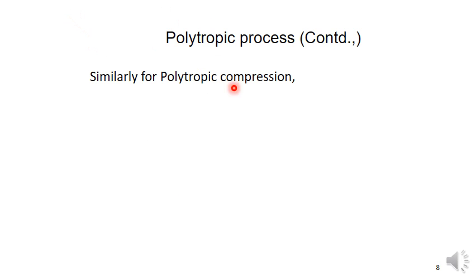Similarly for the polytropic compression, W from state 1 to 2 is represented as P2 V2 minus P1 V1 by n minus 1, and we can write this equation as mR (T2 minus T1) by n minus 1. The adiabatic process and the polytropic process have the same formula. Here the adiabatic index is gamma, and the polytropic index here is n.